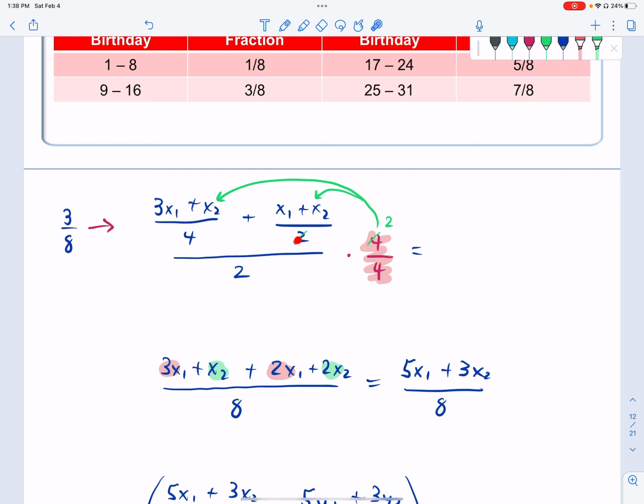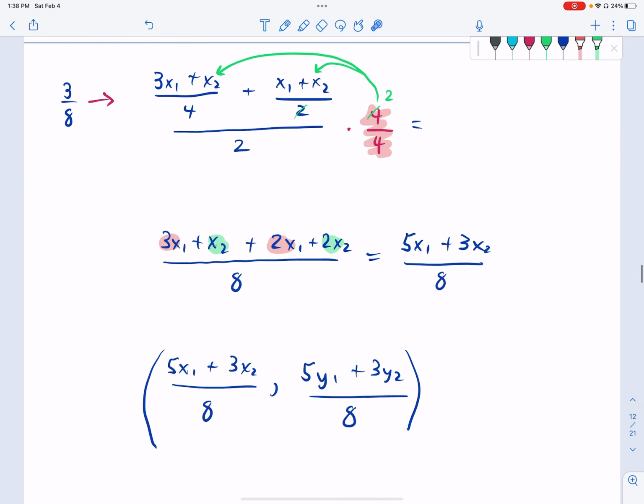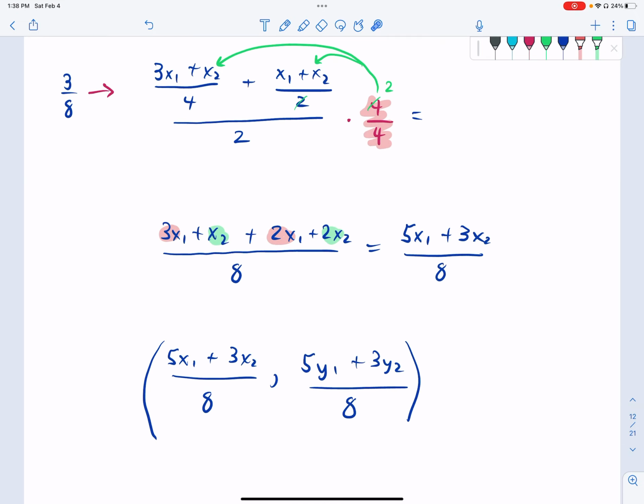But whenever you cancel out a factor of 2 in the 4, you're still left with this 2 that you have to distribute across the top here. So you're going to have 2x1s and 2x2s. Combining your like terms, for your x1s you have a total of 5, and for your x2s you have a total of 3. So here is the partitioning formula for finding the 3/8 point, for both the x-coordinate and the y-coordinate.